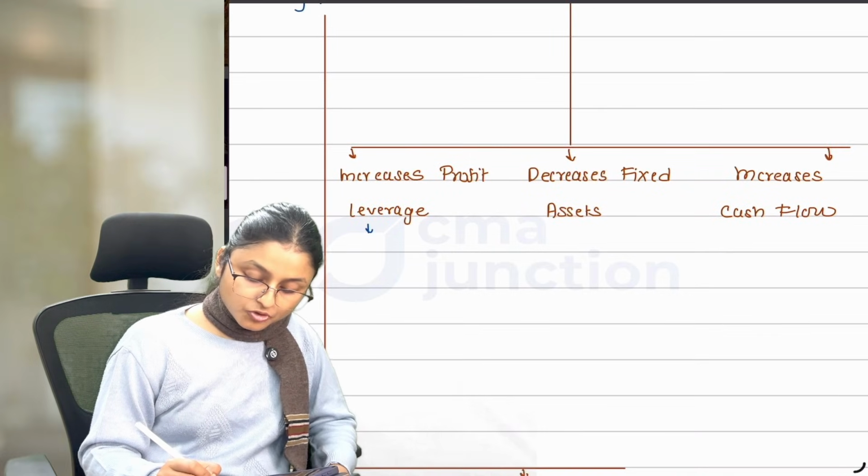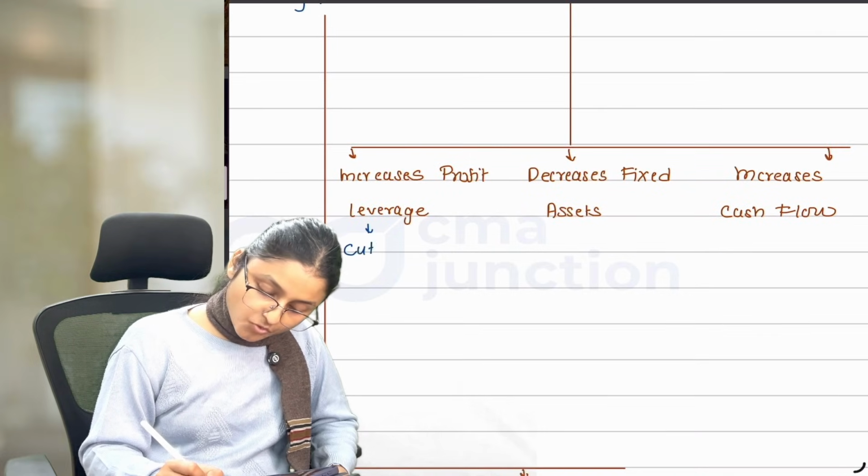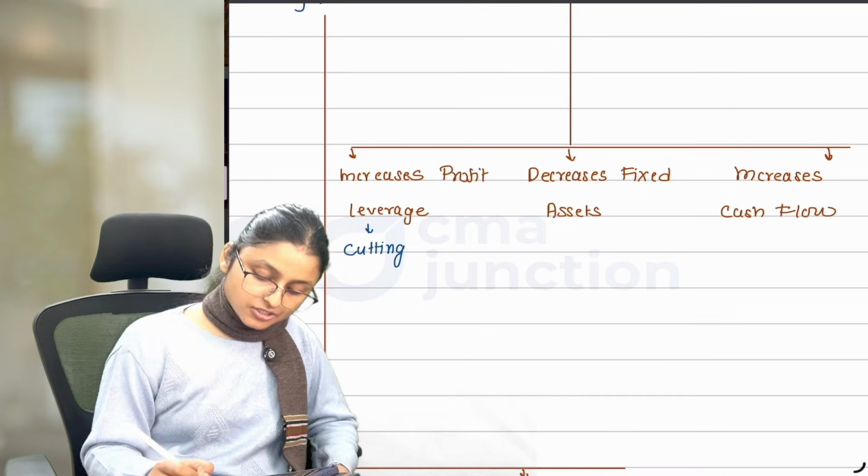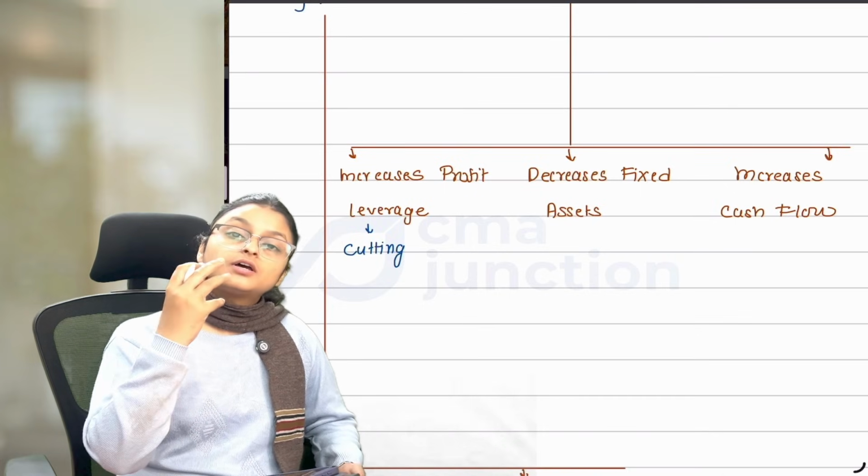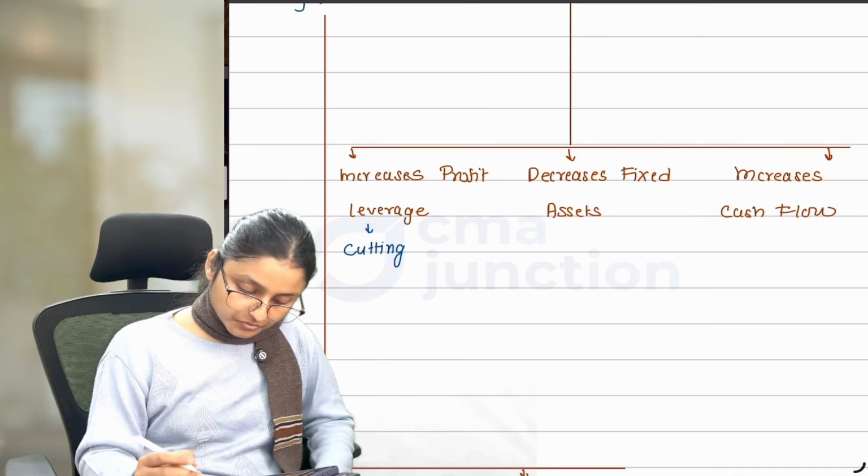Profit leverage is improved how? By cutting small cost in supply chain, you will be able to save a lot of cost, and hence your profit improves.